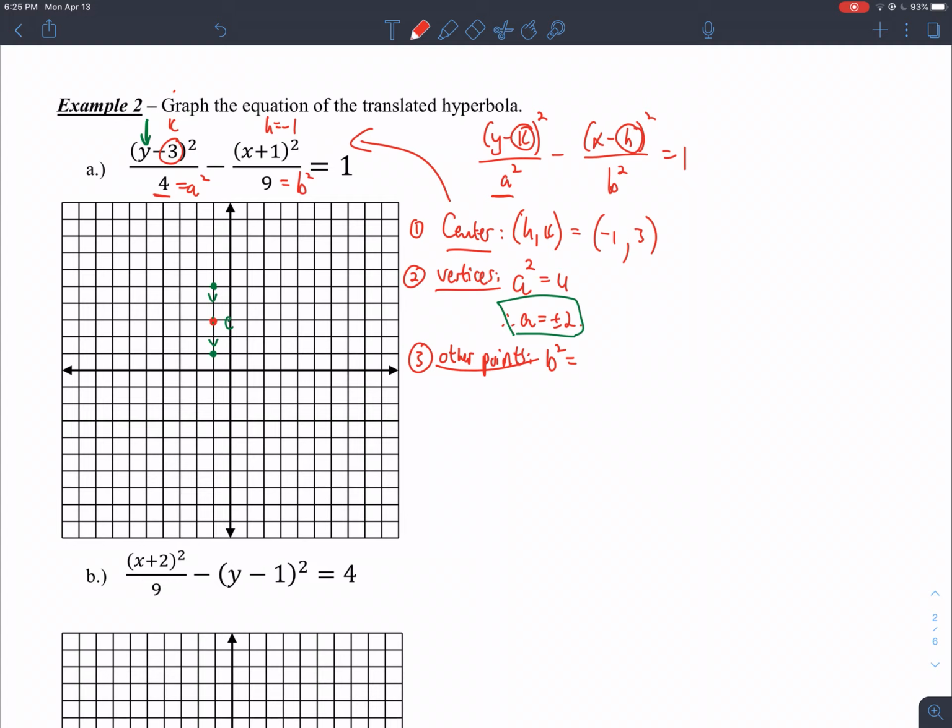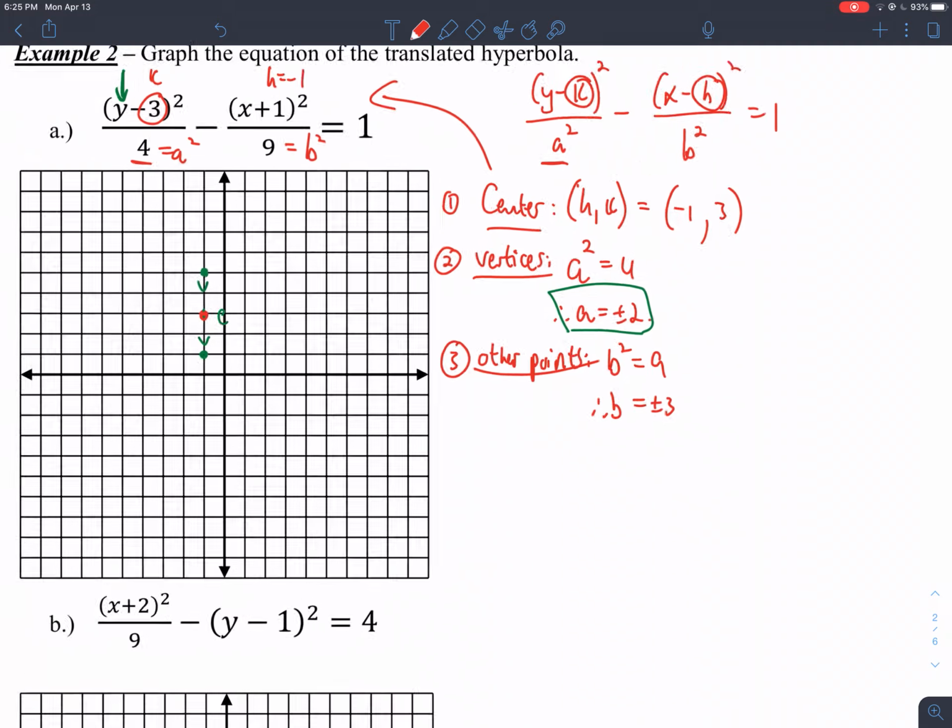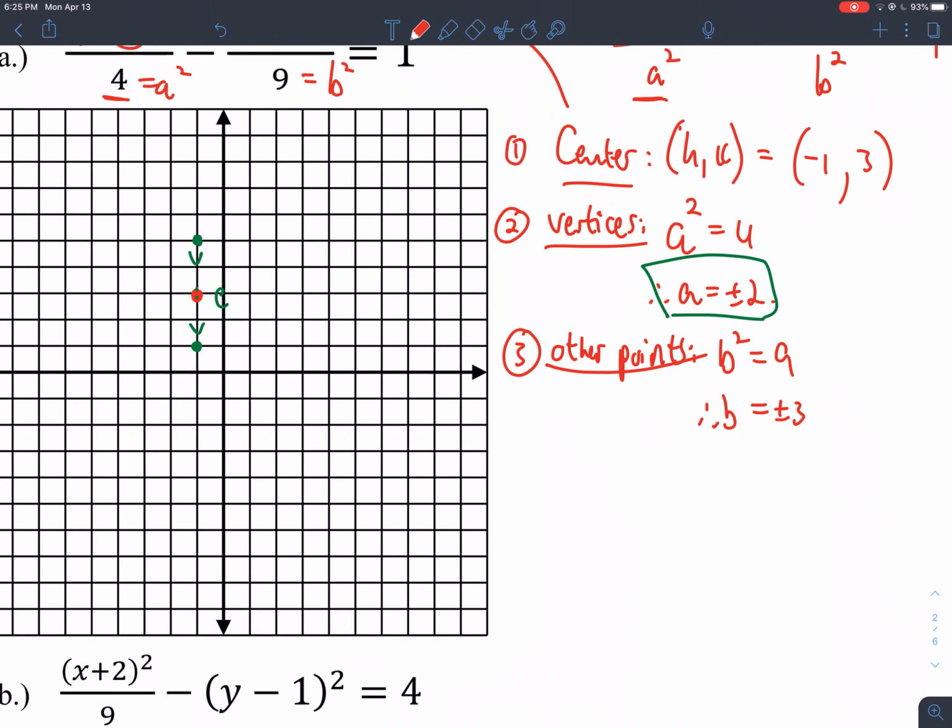So b squared, we said, is 9, that means b is plus or minus 3, which means, from the center, go 3 left and right from the center. Those points help me make my box to draw my asymptotes. So here is the box that I end up with, something like this.